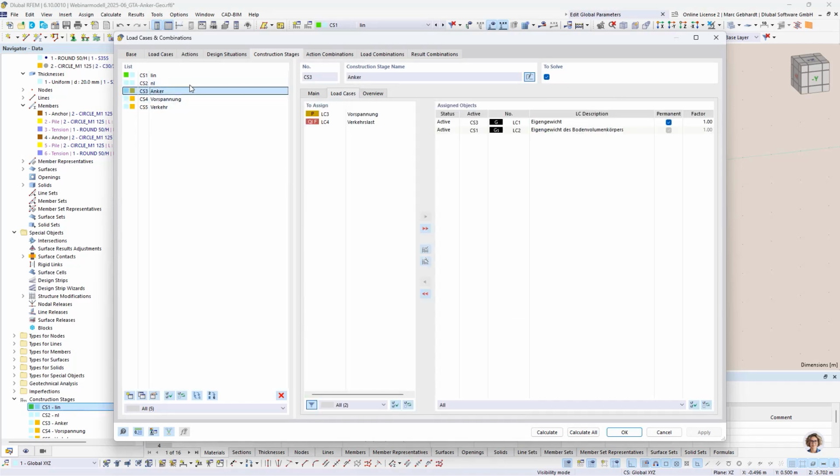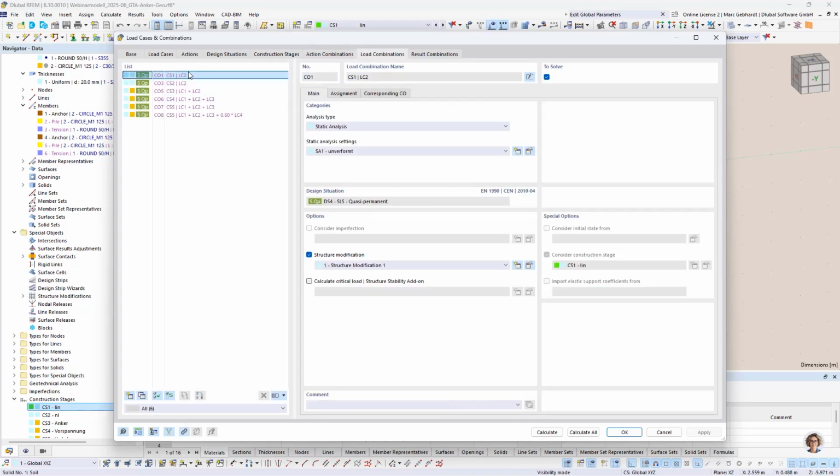Afterwards, they come the anchors with their self-weight, pretension, and the vehicle load. So you see here are generated load combinations with the structure modifications and the structure analysis settings. And here you see the initial state and construction stages.